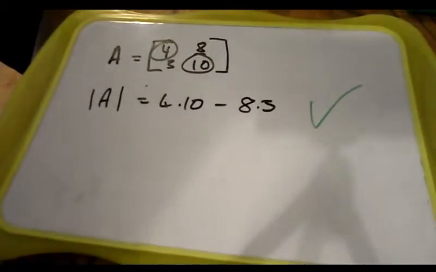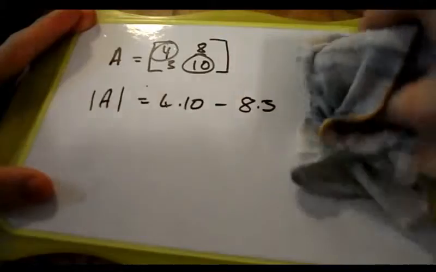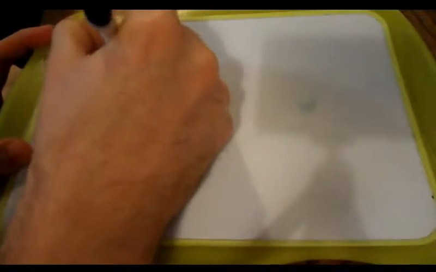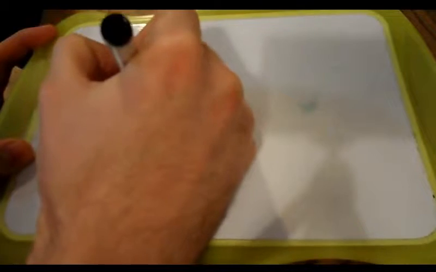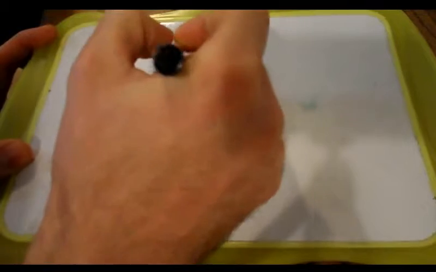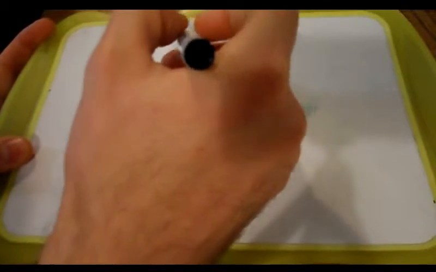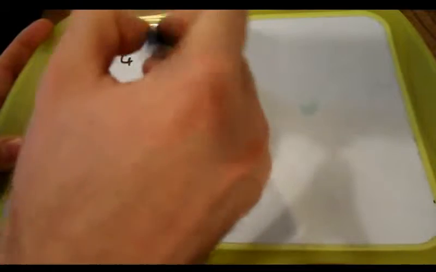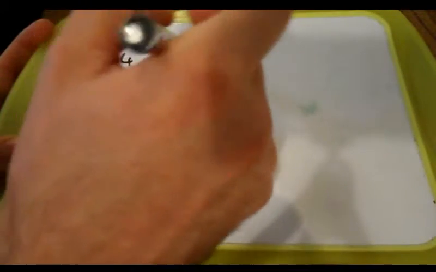So the next thing we need to do is find the adjugate, and that's just a simple method that we need to remember. To find the adjugate of A, we take our matrix, 4, 8, 3 and 10, and all we're going to do is switch the 4 and the 10, so the top left and the bottom right.